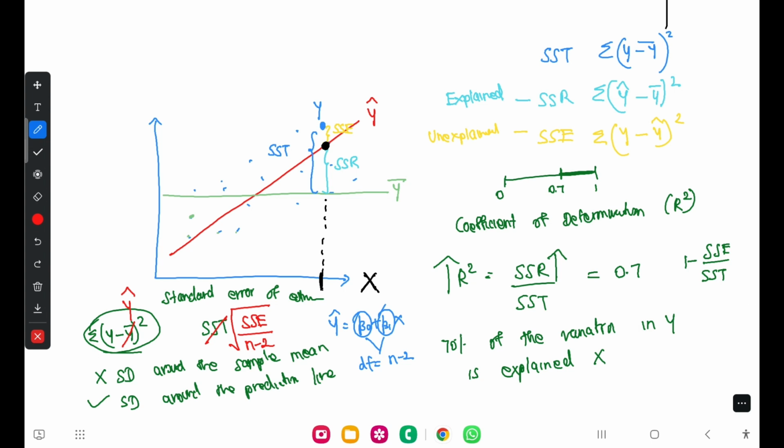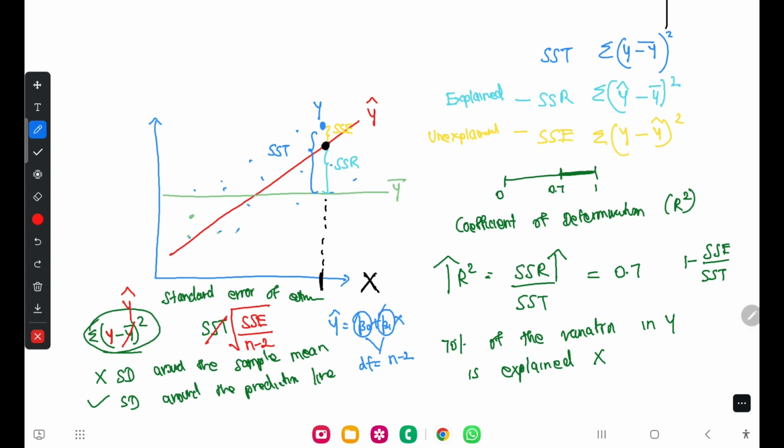So basically, what does it show? It shows the variation of the actual y values from the predicted y values, which is y cap. Not the mean y values, but the predicted y values. Remember that and keep that in mind.